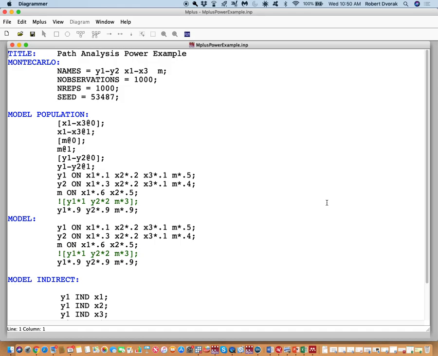So the first thing that you want to do before you do a power analysis or anything is draw it out, right?